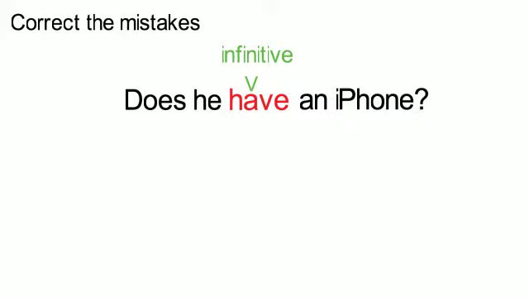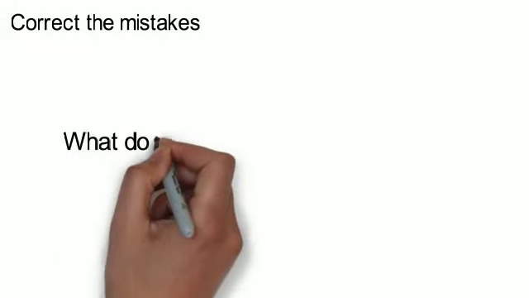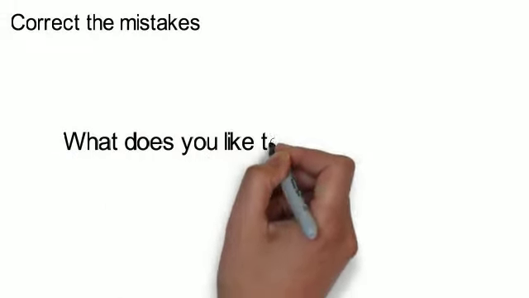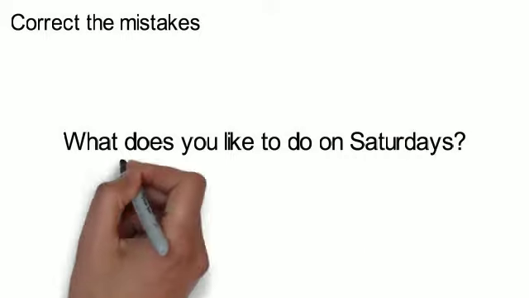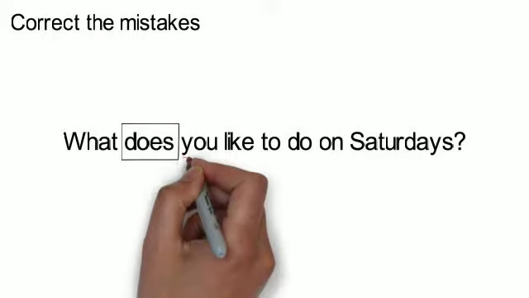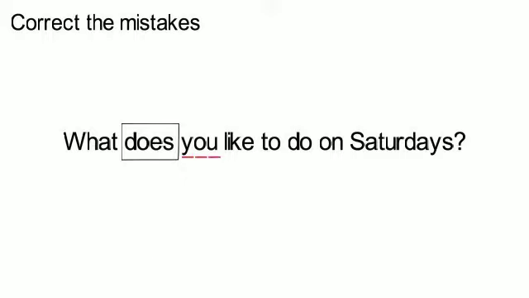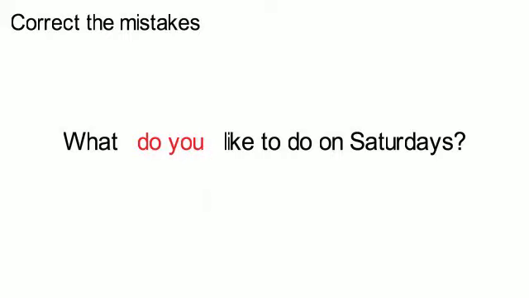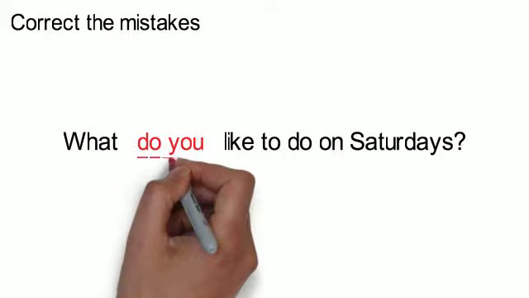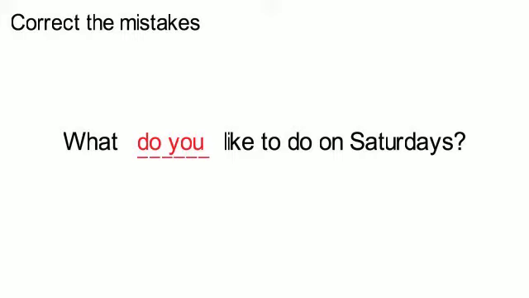Let's look at another question. What is the problem with this question? What does you like to do on Saturdays? Do you think that does agrees with you? No, it doesn't. So the sentence should read, what do you like to do on Saturdays? Since do agrees with you.